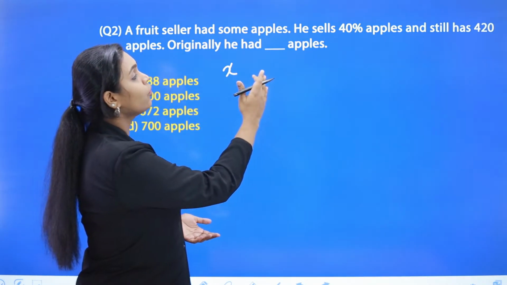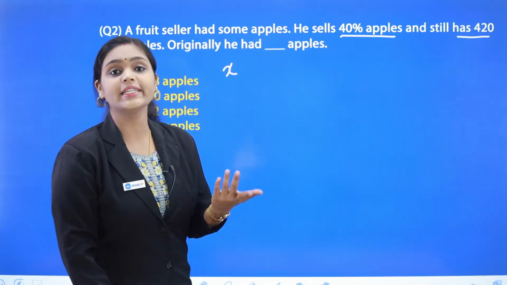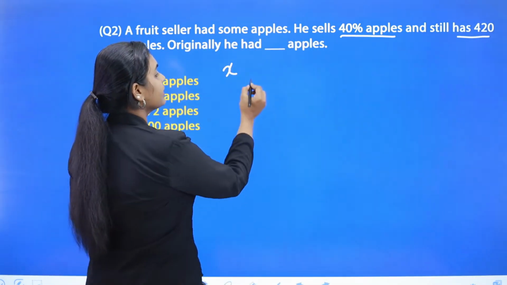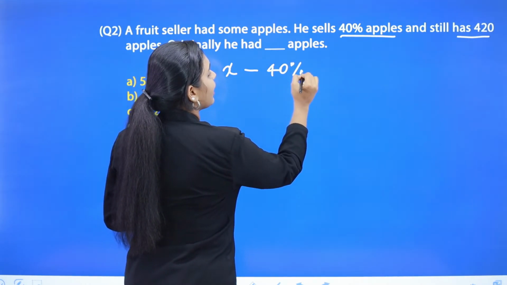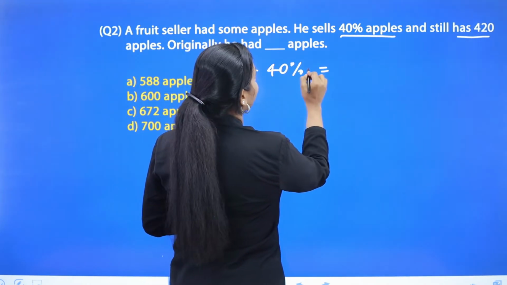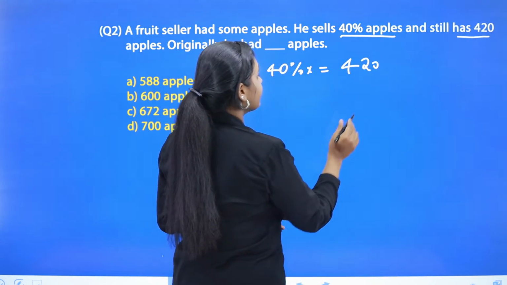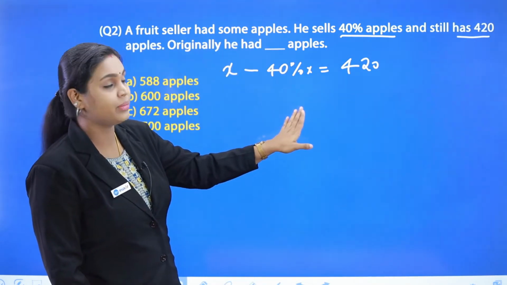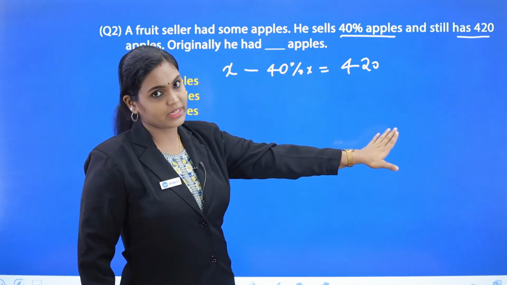He sells 40% of apples and still has 420 apples. So that means x minus 40% of apples is equal to what? 40% of x is equal to 420. That is, he sells 40% of apples means x minus 40% of x is 420. Okay.